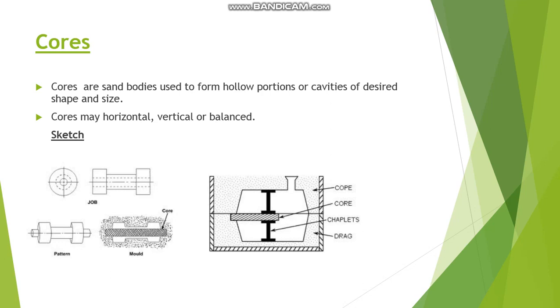It is provided by the chaplets. Now this is the sand all around, on which the pattern has generated the cavity, and we have put the core here so that the discontinuity in the casting is obtained.